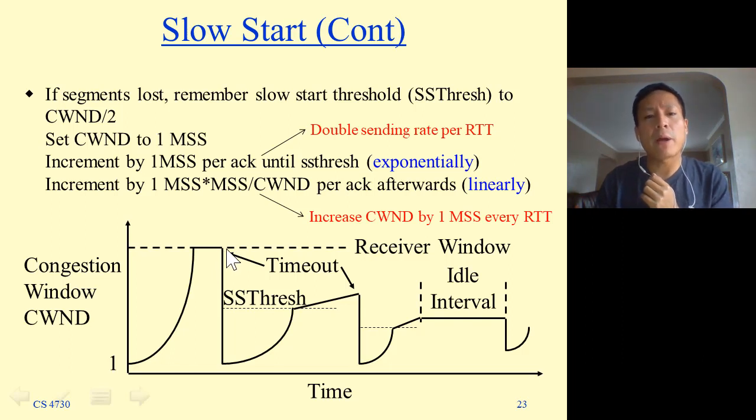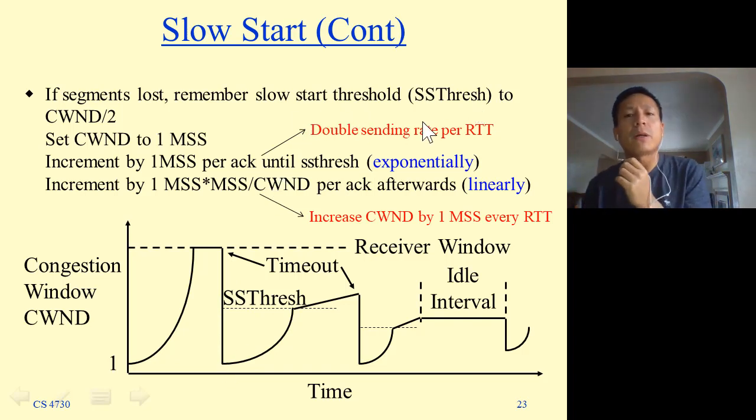So in this case, a timeout will happen. Because it's a timeout, you will reduce the congestion window back to 1. Okay. And on top of that, you will set a slow start threshold.